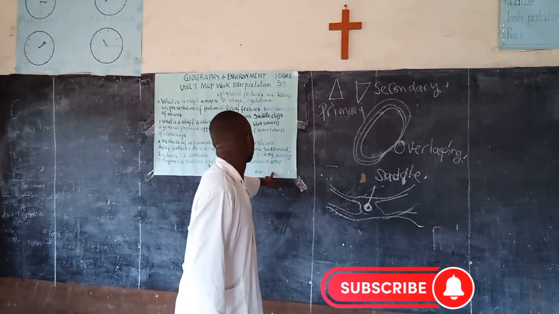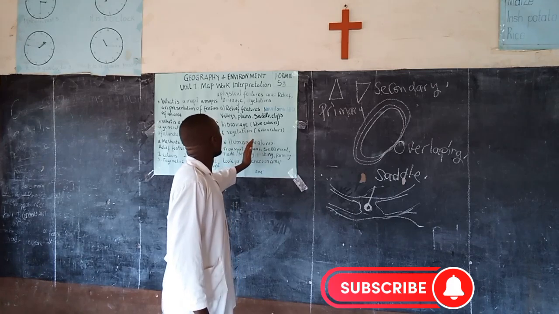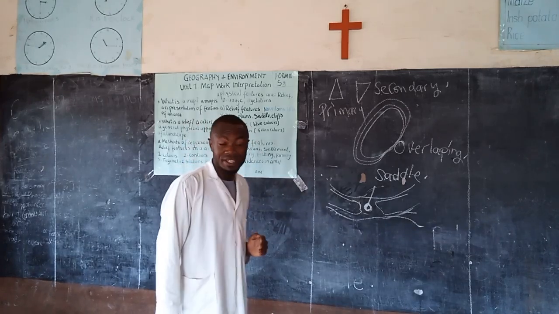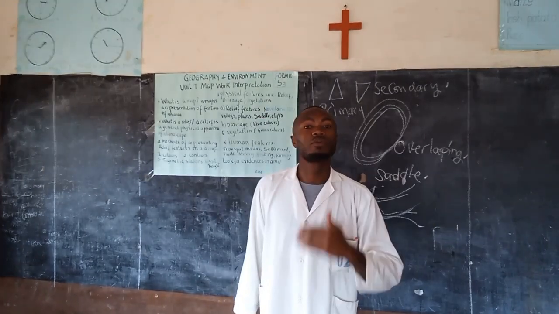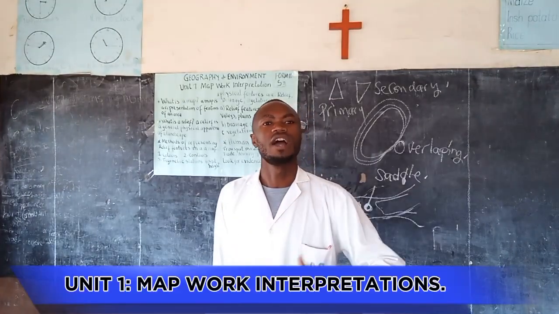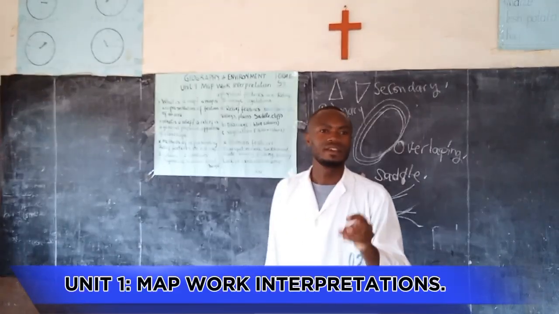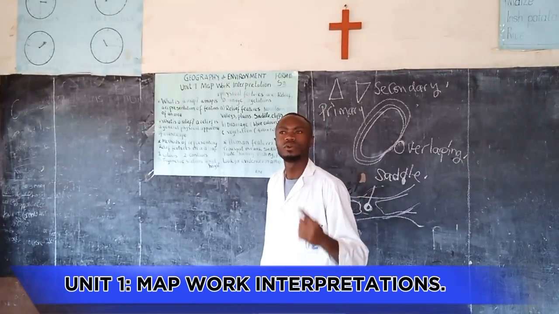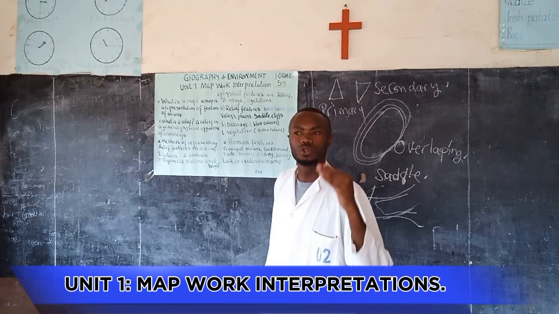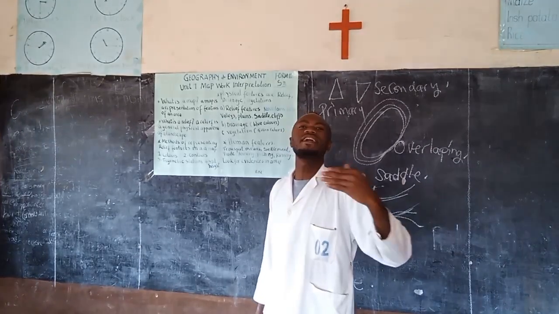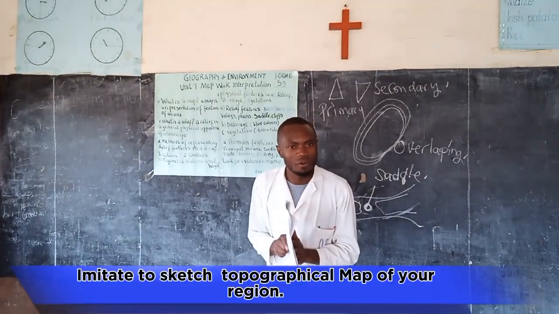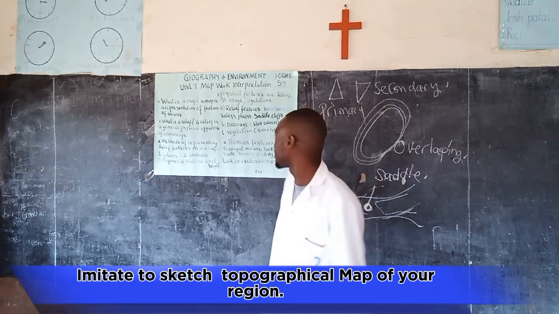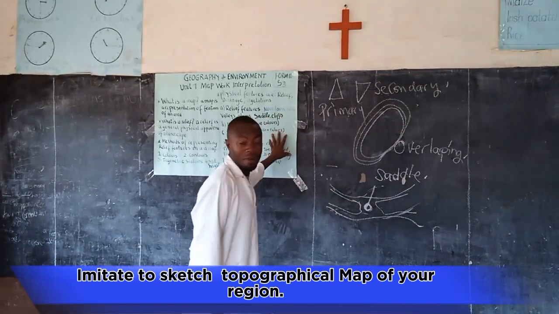Just I can tell you, you can imitate to draw a topographical map of the region where you are coming from. I can give you what to do to draw a sketch map of a topographical map of your region.